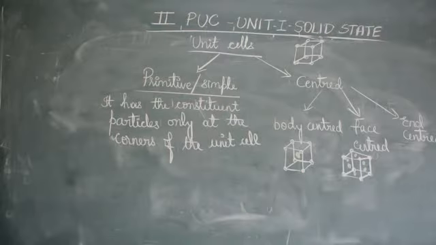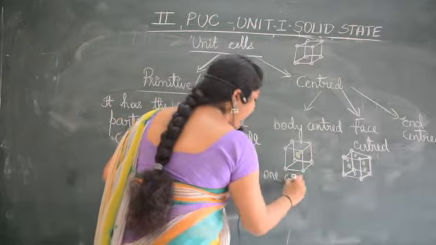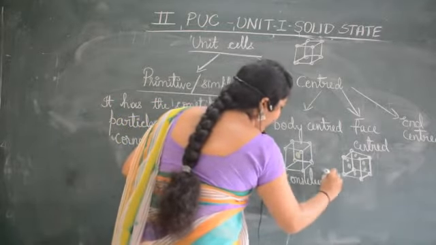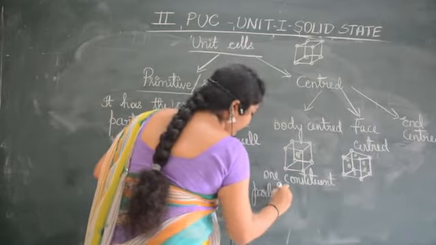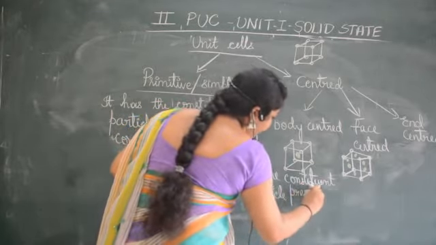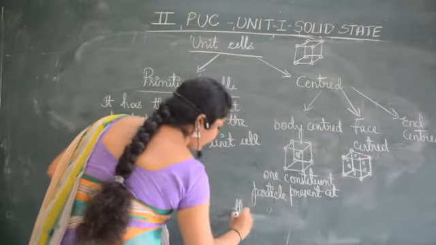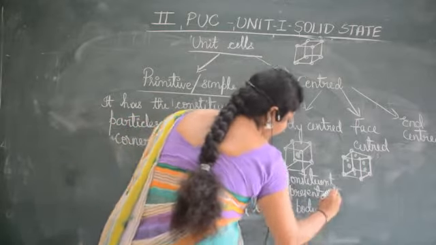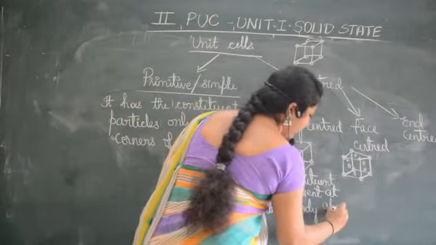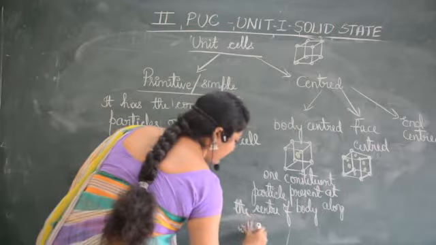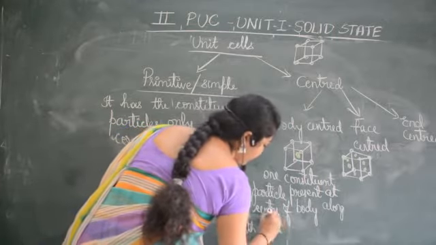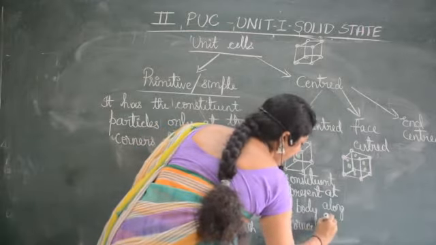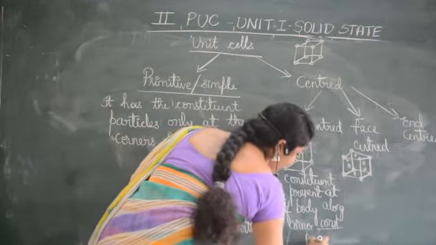You can write what it is. Here you can write one constituent particle present at the center of body along with 8 corner particles, constituent particles in the unit cell.